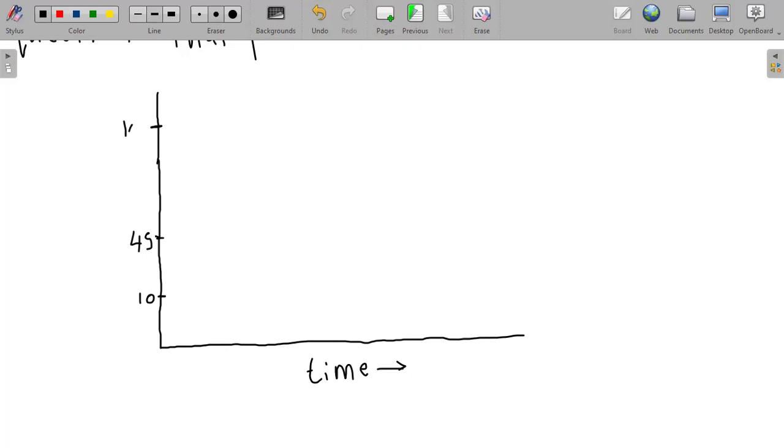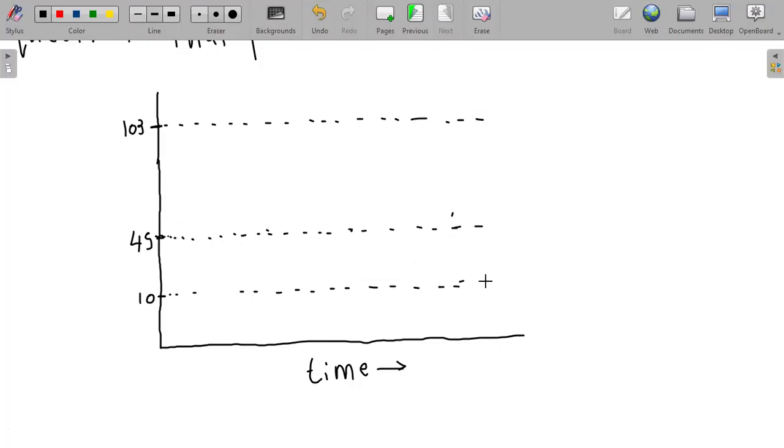We have potential energy on this side. It starts there, and this is how it goes.